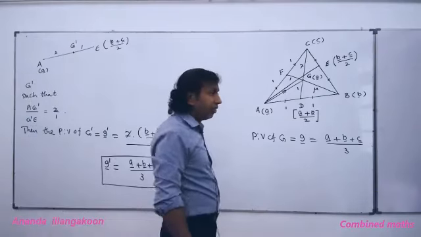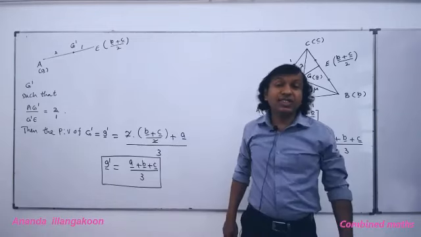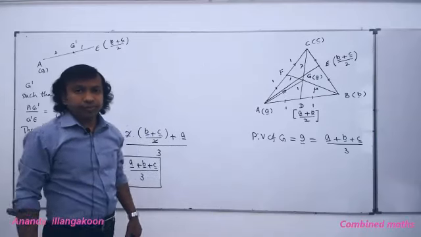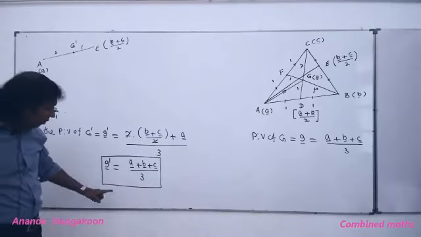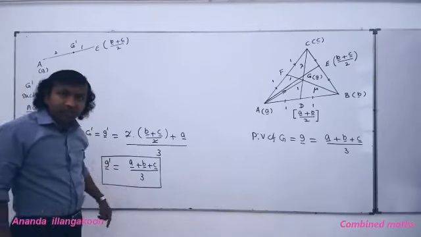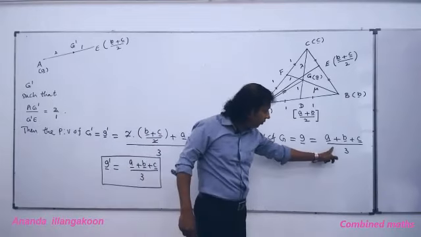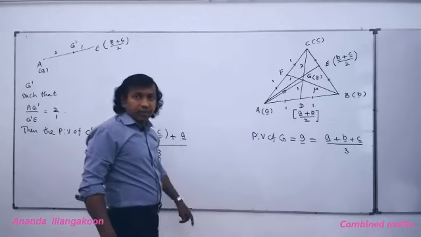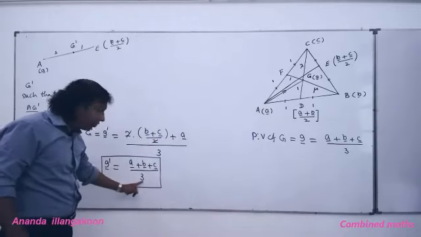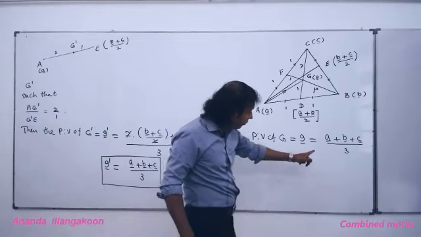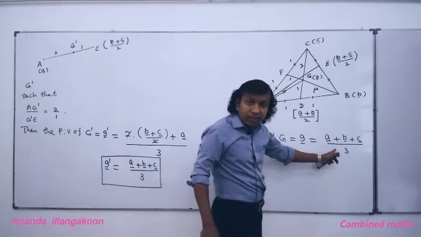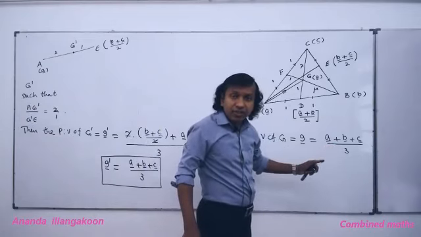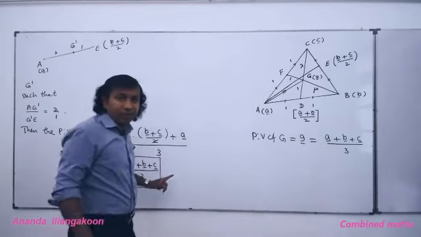People, what do you understand by this result? A plus B plus C divided by 3 means this, no? This is the position vector of the point G. The same thing here we have.